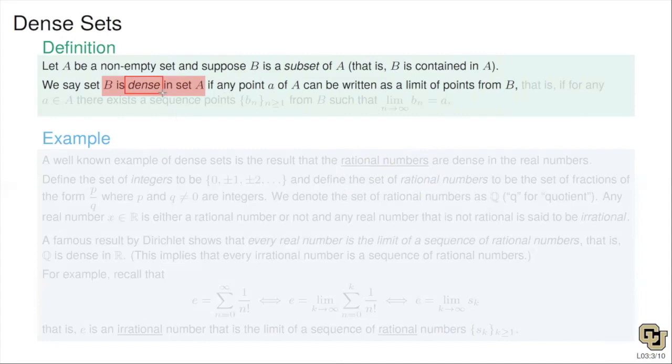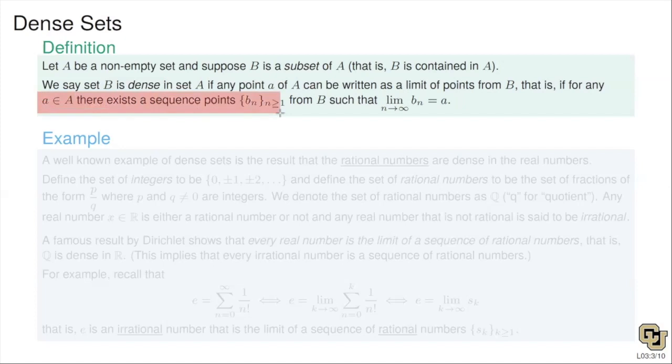If any point little a in A can be written as a limit of points from B. So let me show you the notation. This is the definition: if for any a in A, there exists a sequence of points b sub n in capital B such that that sequence converges to a.